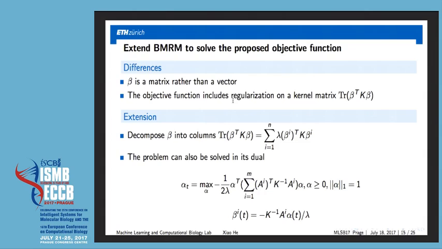So the trace of beta transpose times K times beta can also be decomposed by the columns of beta. And then I can also show that by introducing the Lagrange multiplier, this can also be decomposed in the dual form, and can be solved in dual form.